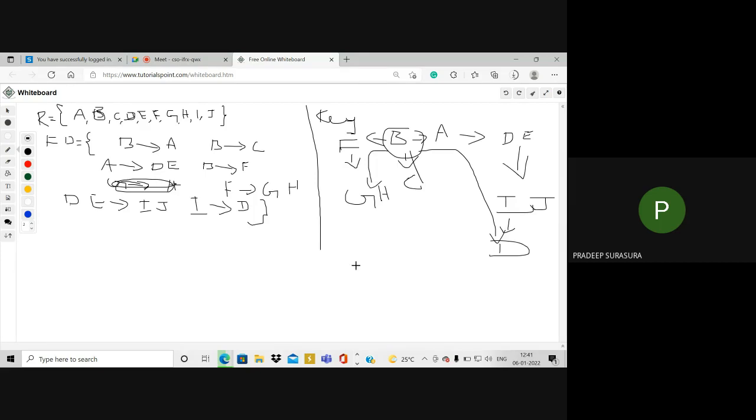So B is the key here because through B I can reach all the nodes.